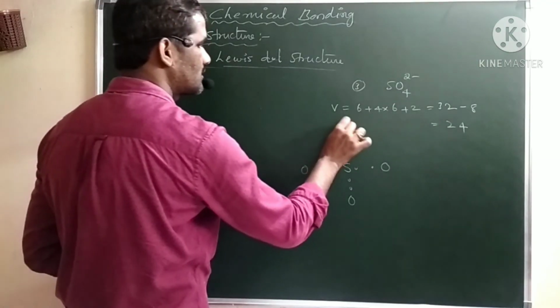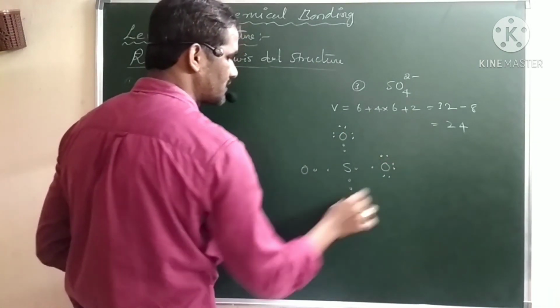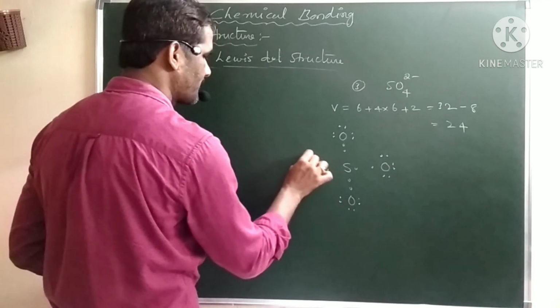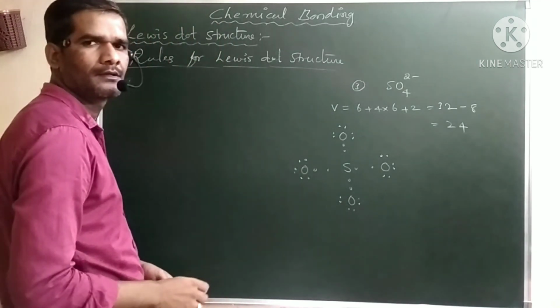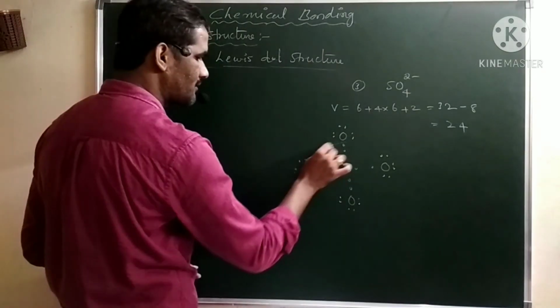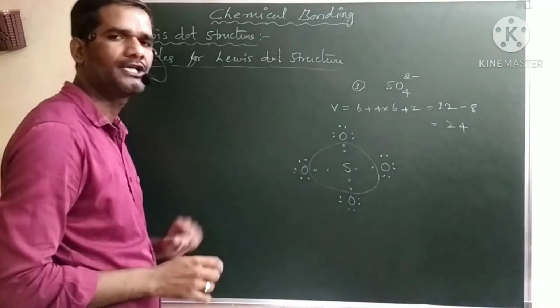And now these electrons you keep on the terminal atoms to satisfy their octet. Now see, the terminal atoms satisfied the valence octet, and the central atom also is now satisfied. Now sulfur also has 8 electrons.